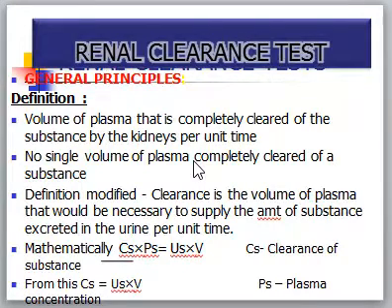Actually, it estimates the amount of plasma that passes through the glomeruli per minute with complete removal of the substance, on the account of what substance actually appears in the urine. As I just mentioned, there is no single volume of plasma completely cleared of the substance, and clearance is the volume of plasma that would be necessary to supply the amount of the substance excreted in urine per unit time.